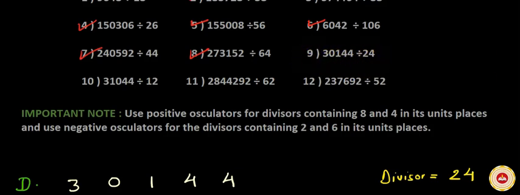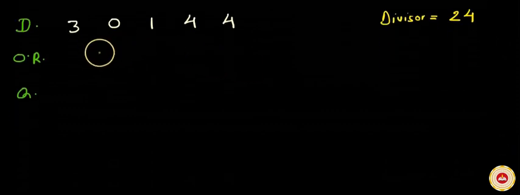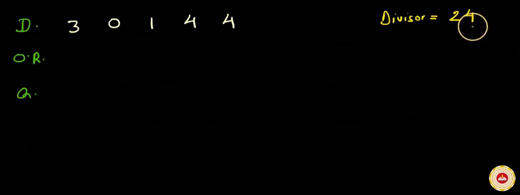Ninth example, 30,144 divided by 24. See friends, there is 4 in the units place of the divisor. That means we are going to calculate the positive osculator for the given divisor. Now to calculate the positive osculator, we need 8 in its units place.